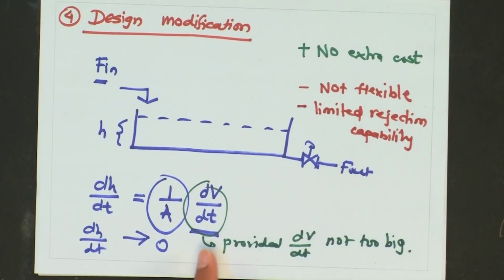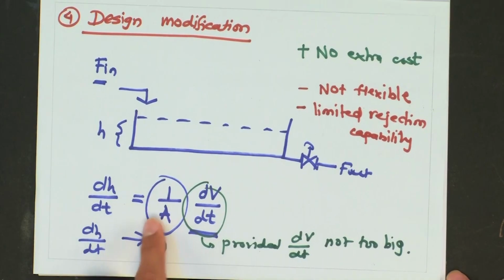If the volume change is too large, then even having a large area would not be sufficient to maintain height at its desired value. So, this design modification, we just considered as one of the options, but it is not an effective or optimal option by which you can do regulation of the disturbance.